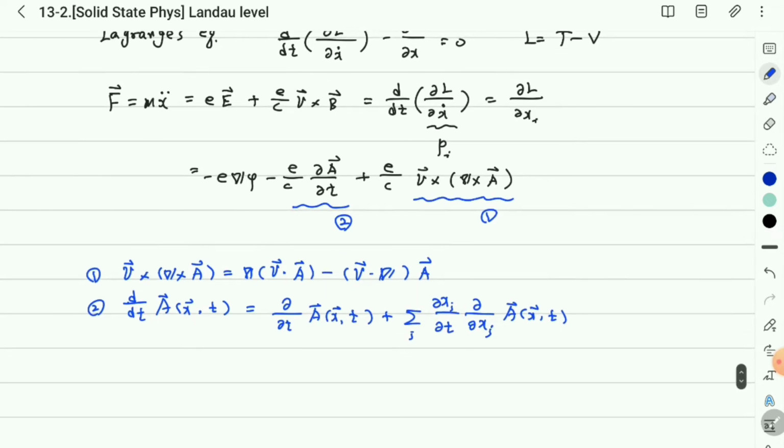It is a vector representation. Then it is partial A partial t plus V dot gradient A(x, t). Because the first one and the second one have a plus and minus, when we sum them, they can be subtracted from each other.